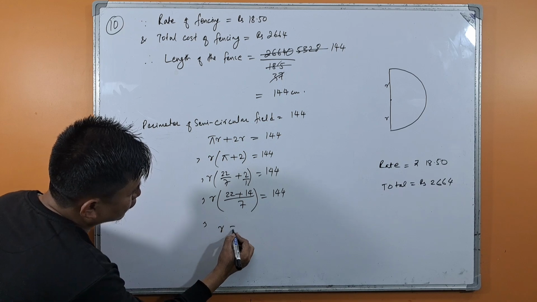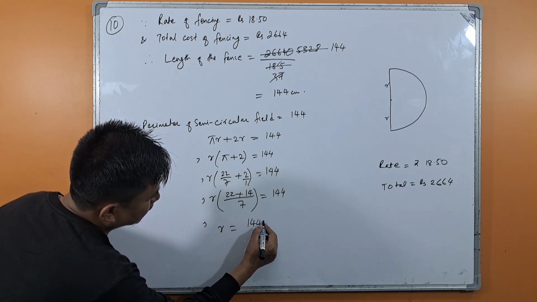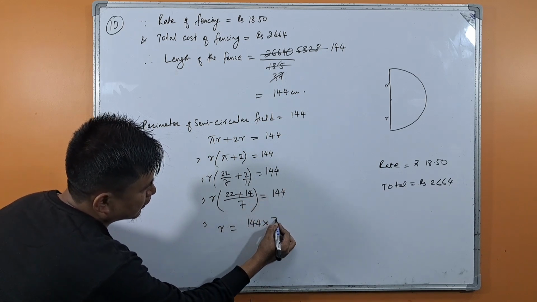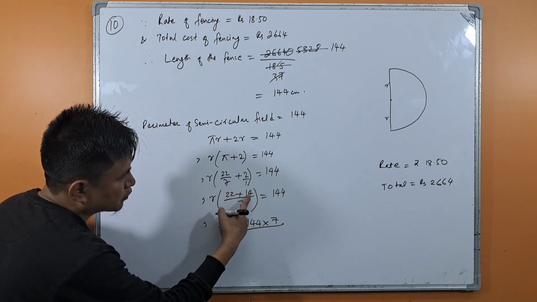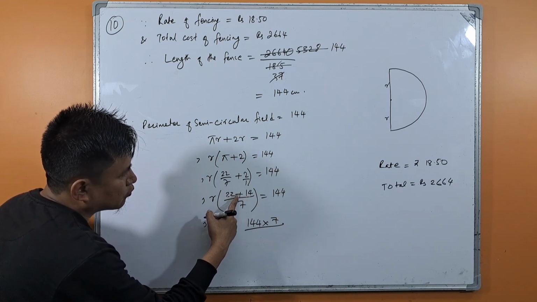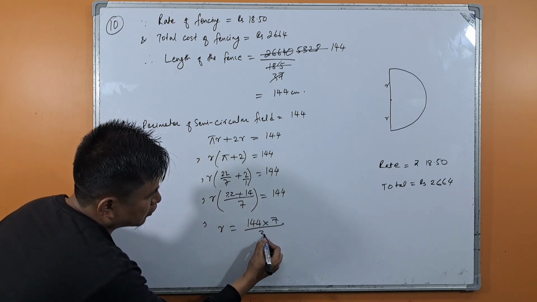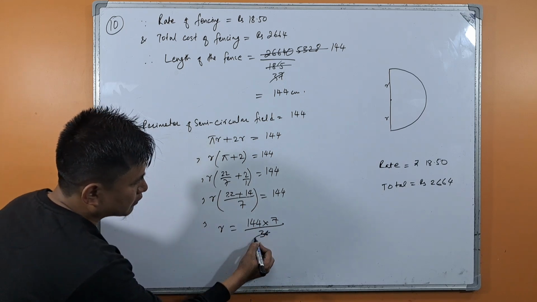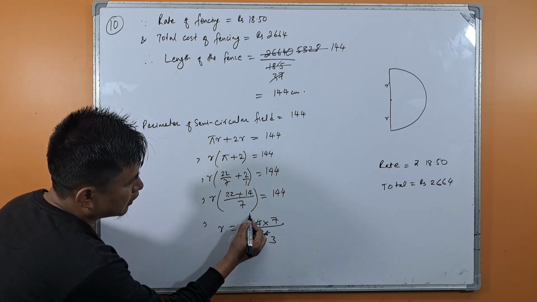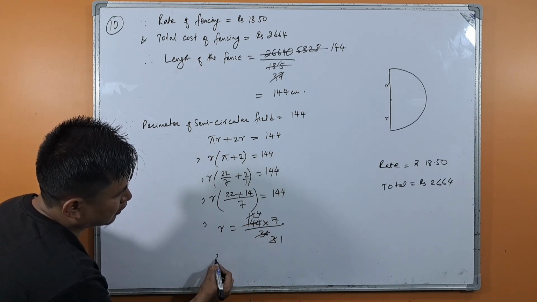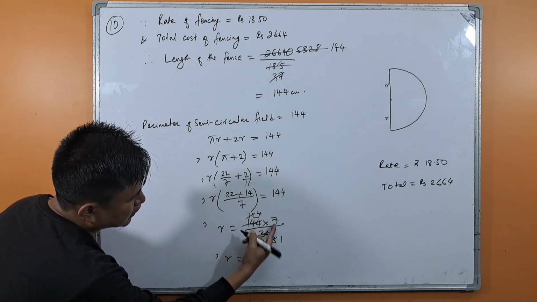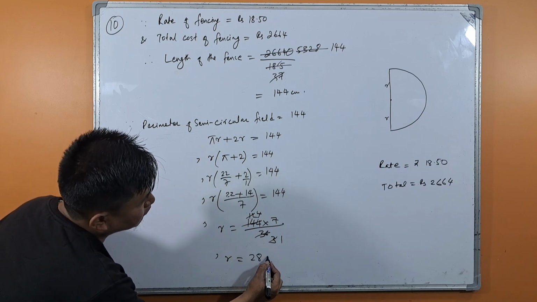Or r equal to 144 into 7 by 36. 12 3s are 36, 12 12s are 144, so r equal to 4 into 7, 28 meters.